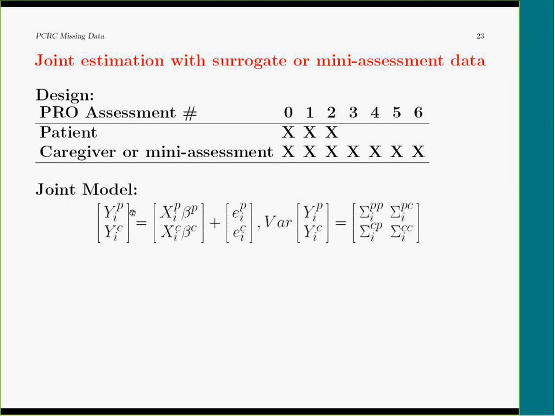Basically, we have a model that has these outcomes measured by the patient, and these are the data measured by the caregiver, and we allow them to be correlated, and that allows us to now assume that we're missing at random conditional on both the observed patient data and the observed caregiver data.